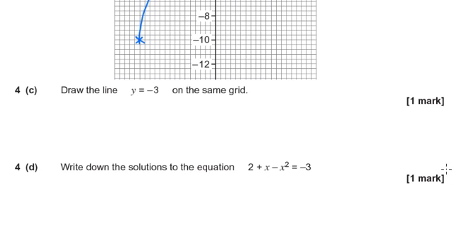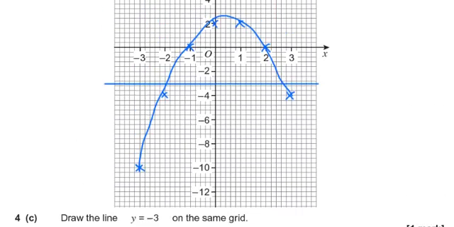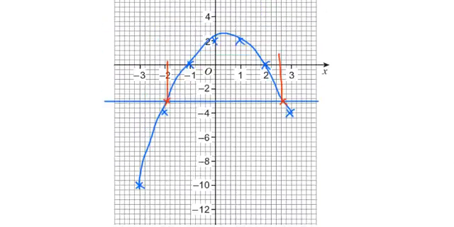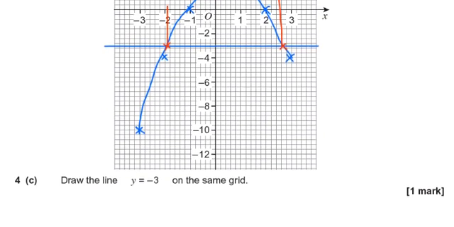And then part D says write down the solutions to when the quadratic curve that we've got equals -3. We've just drawn the line y equals -3, so we're looking at when those two lines meet. So that's at these 2 points of intersection here. Well, I'll tell you what the mark scheme said.